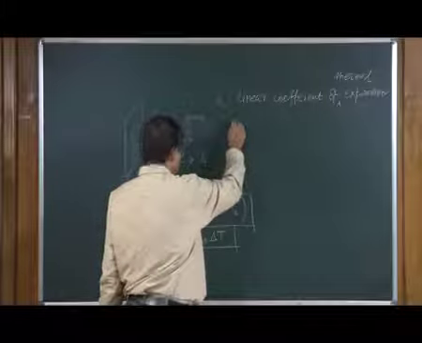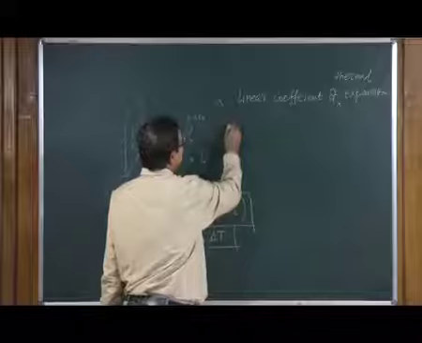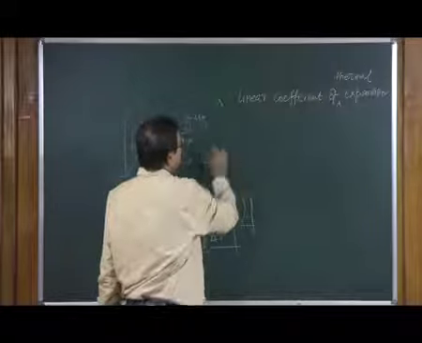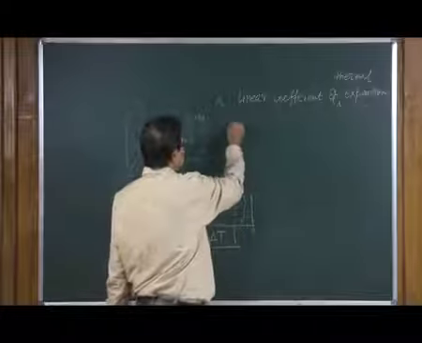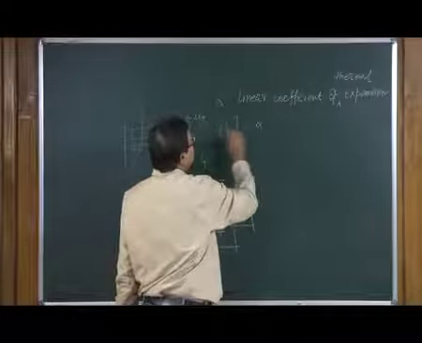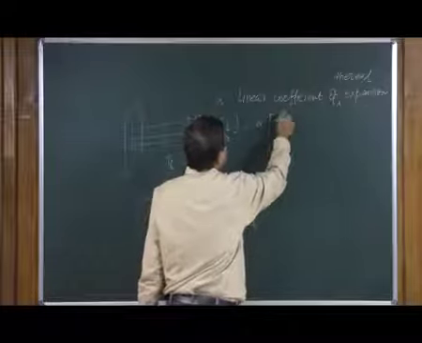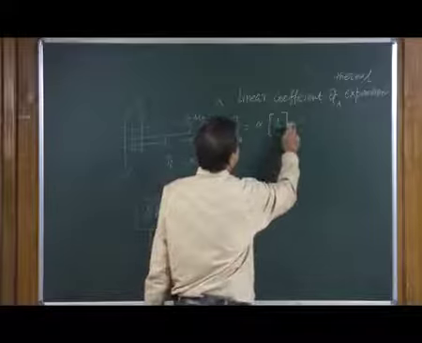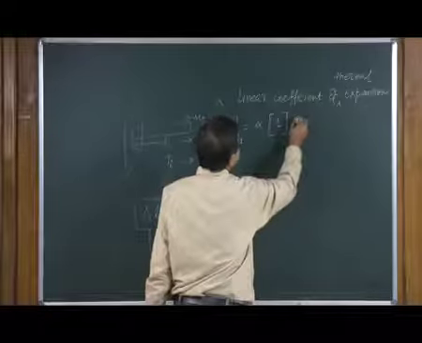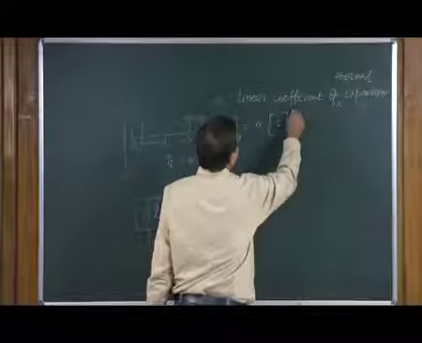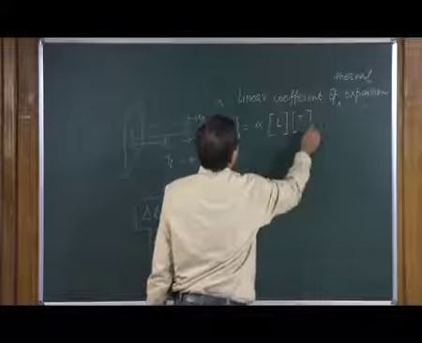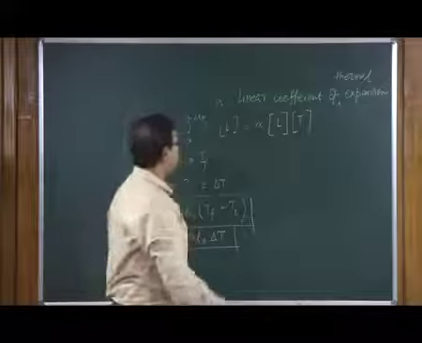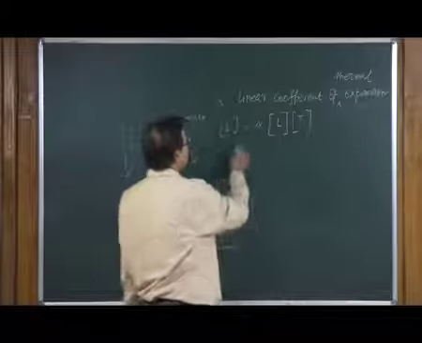Delta L has the dimension of length, L0 again has the dimension of length, and delta T has the dimension of temperature, which could be in degree centigrade or in Kelvin.